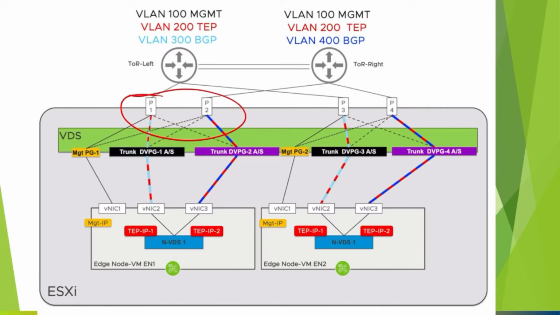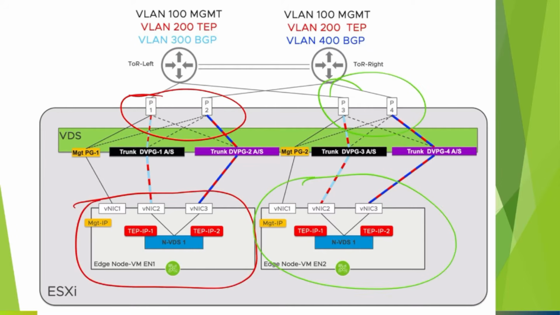I'll use these 2 NICs, the first 2 NICs, let's say for that edge, and I'll use the other 2 NICs for this edge. You can do something like that. Bottom line is you got flexibility. This stuff's not cast in concrete or cement where you have to do it like this. No, you have flexibility here.